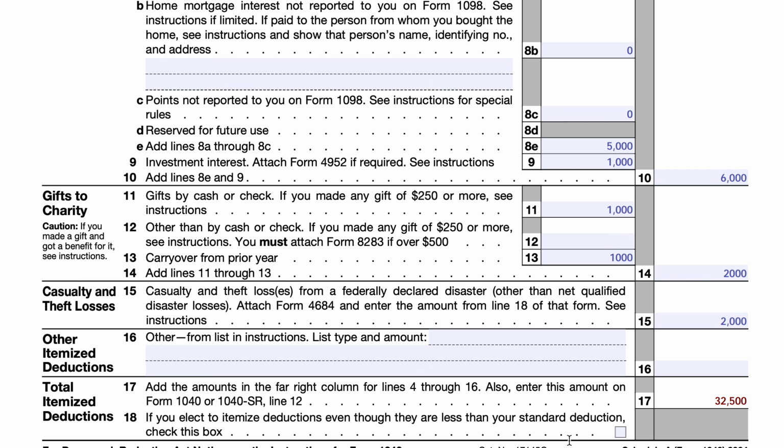And then if you decide that you're going to itemize deductions, even though they are less than your standard deduction, you may do this for state tax purposes or other purposes. You would check this box right here.